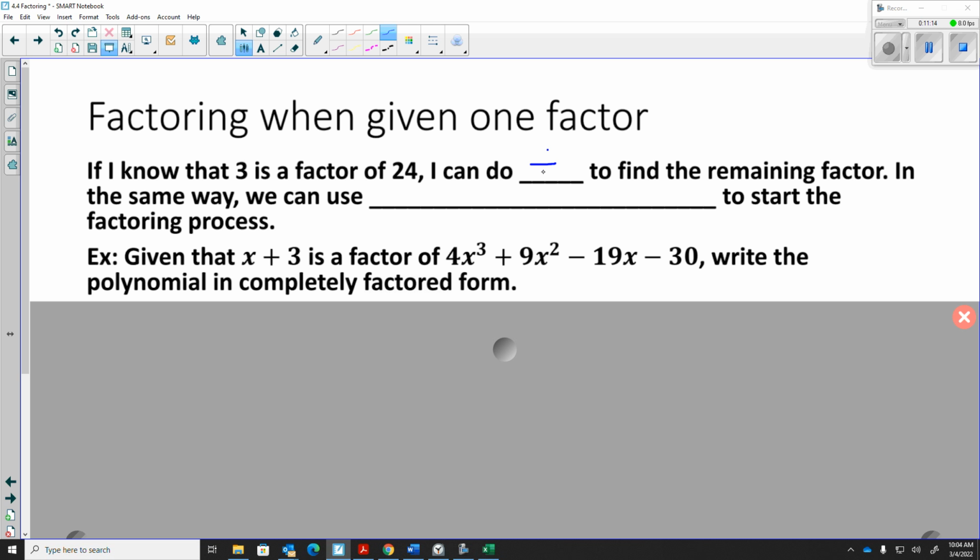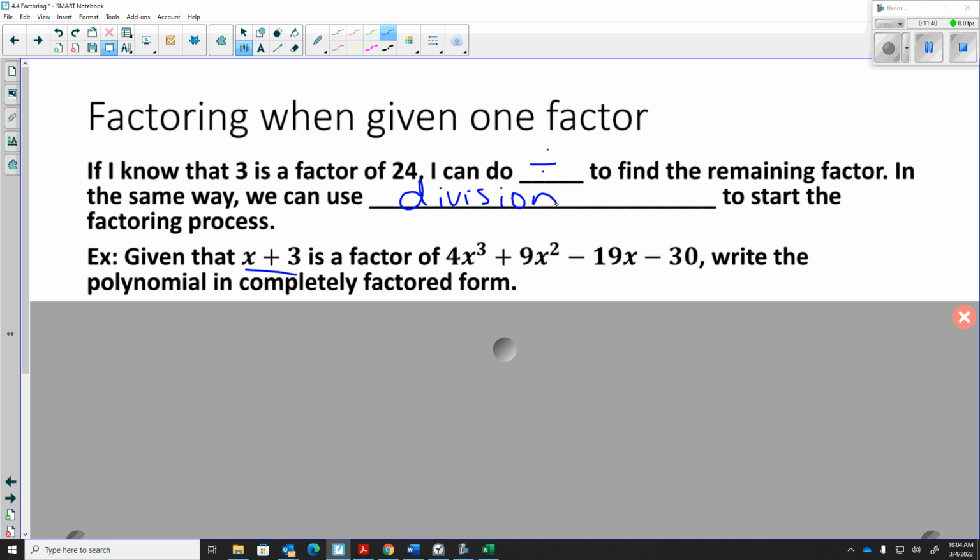So in the same way, if you're given a polynomial and you're told to factor it, and you are told that you have one of the factors, you can get that process started by using division. You could divide this thing by this thing, and that's going to get you another factor, right?